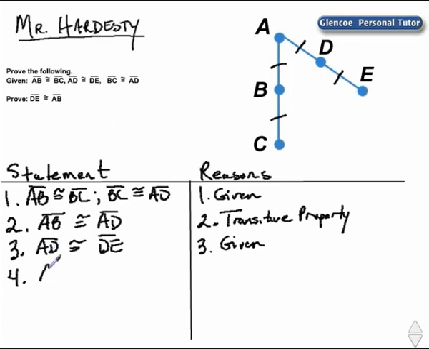So now we can connect those two in statement 4 by saying segment AB is congruent to segment DE. And once again, we're quoting the transitive property just as we did in step 2.